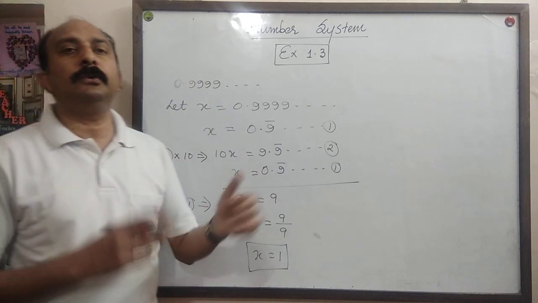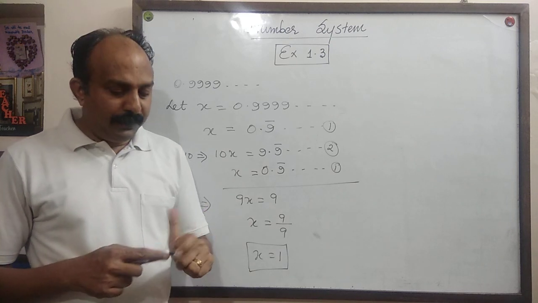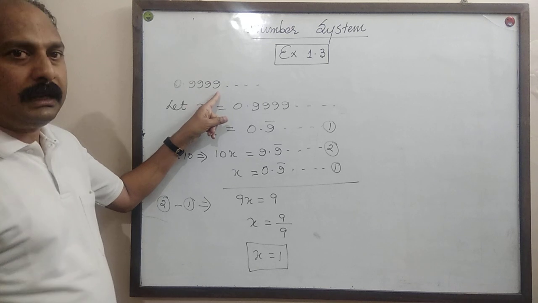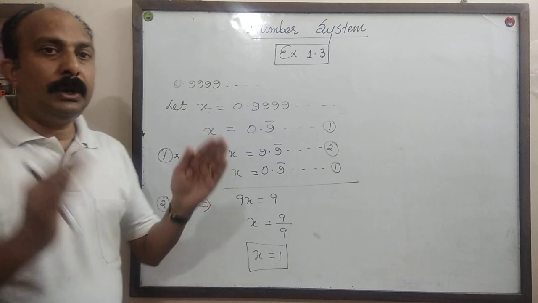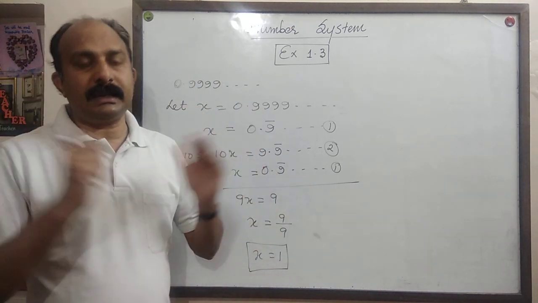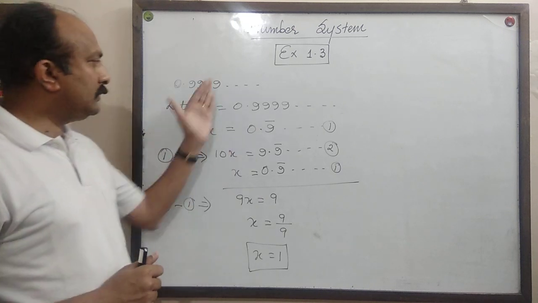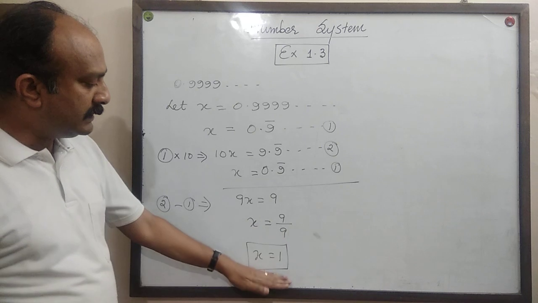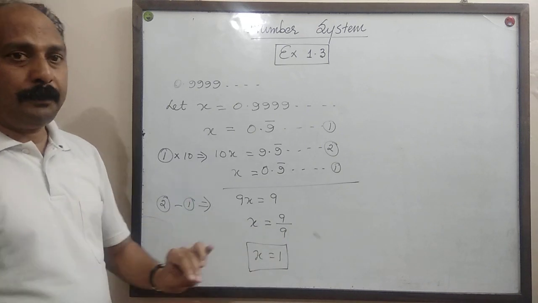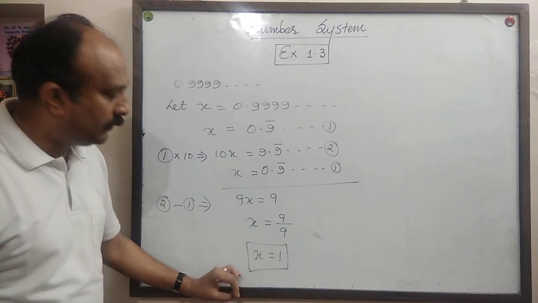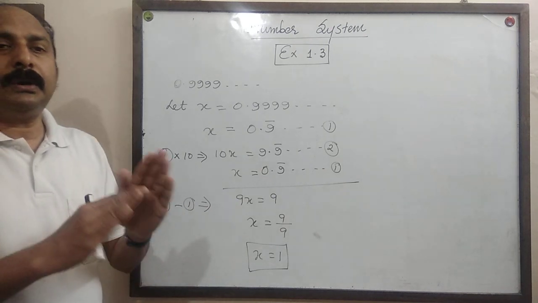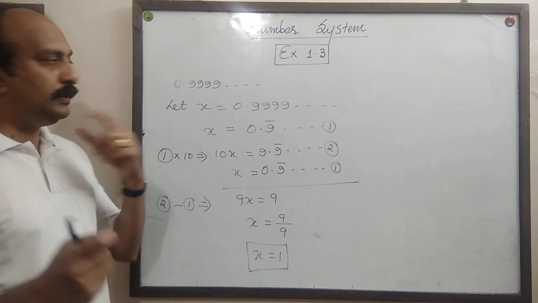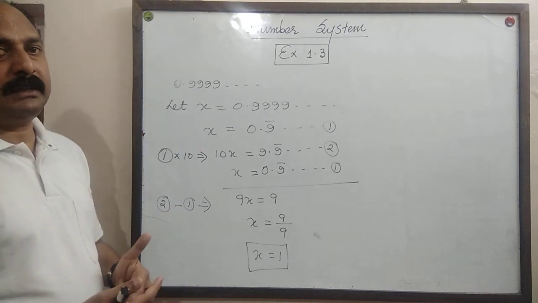So, what can we conclude from it? The P upon Q form of a non-terminating recurring decimal is not actually exact. Both of them are not exactly equal. It is the most appropriate nearest form, but not exactly equal. So in order to prove this part, this question was given.